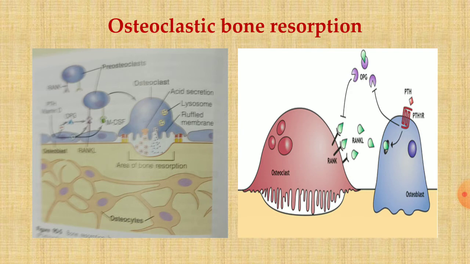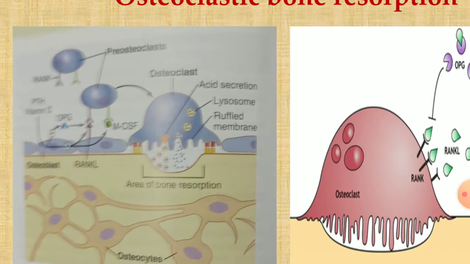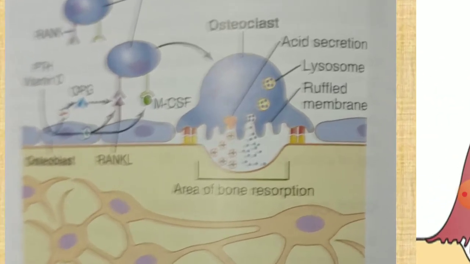PTH first gets attached to its specific receptor on osteoblasts or other precursor cells which possess the PTH receptor, and these cells will liberate a specific type of ligand called RANK ligand, R-A-N-K ligand.